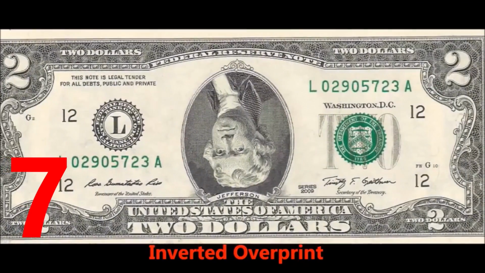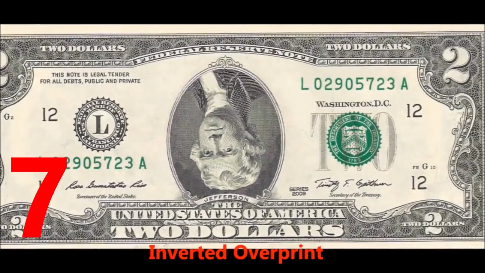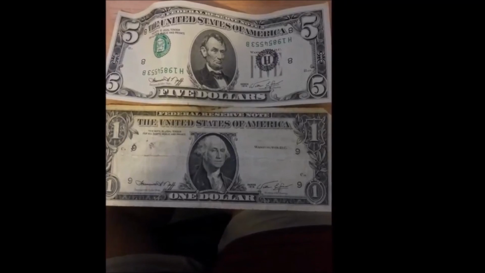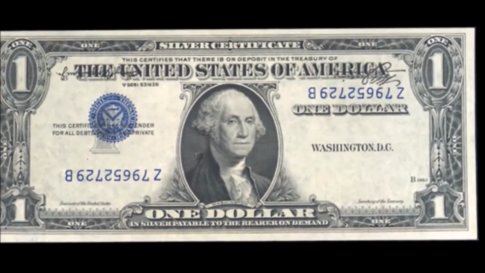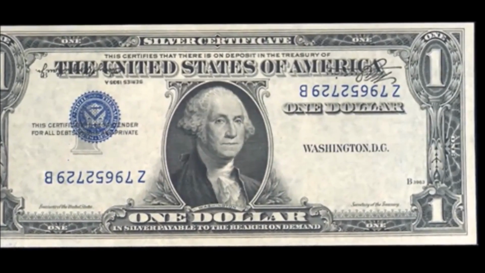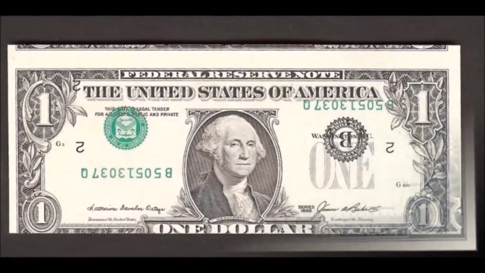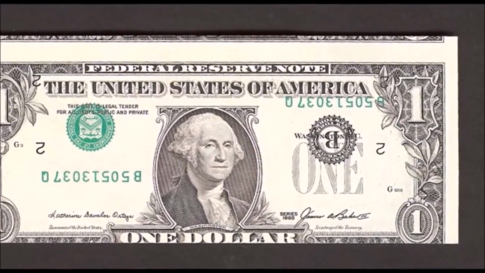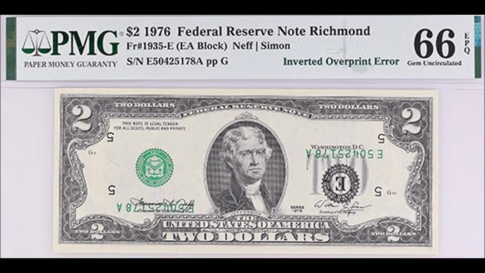The next error on this list is inverted overprint errors. Certain elements in a banknote design, such as serial numbers and seals, are added to sheets of banknotes through a separate printing process referred to as an overprint. When sheets are oriented incorrectly during the overprinting process, the result is an inverted overprint error.